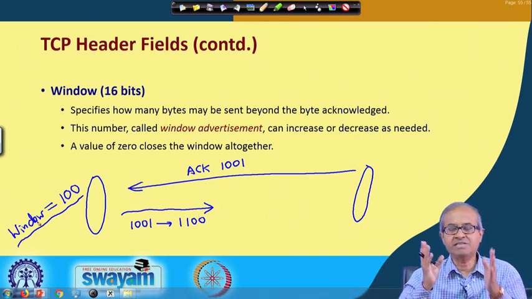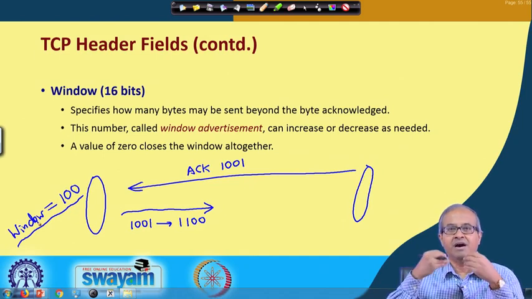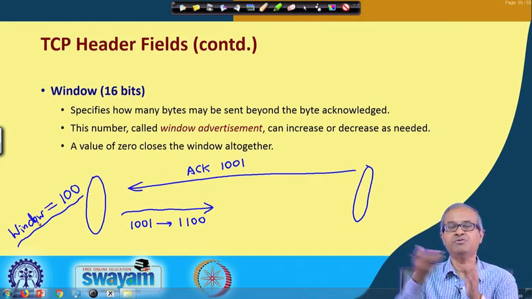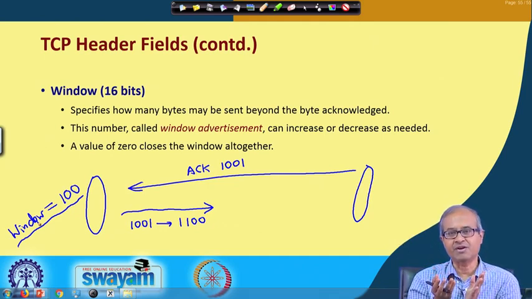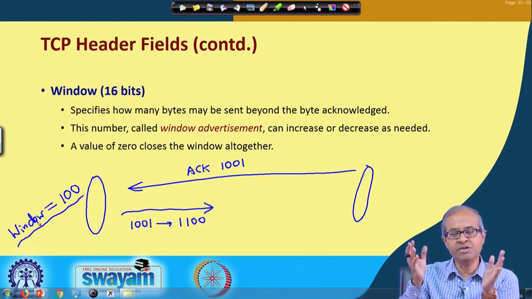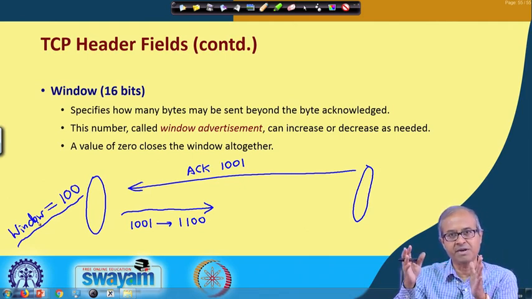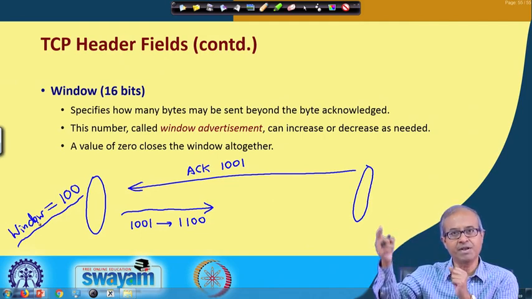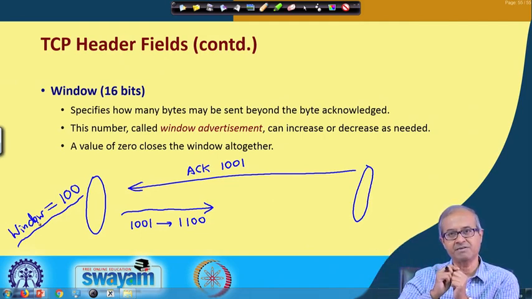This window size actually tells how many bytes the sender can send without getting the acknowledgement. Once the window is full, all 100 bytes have been sent, the sender will be waiting and idle. It will now be waiting for the acknowledgement to come back.